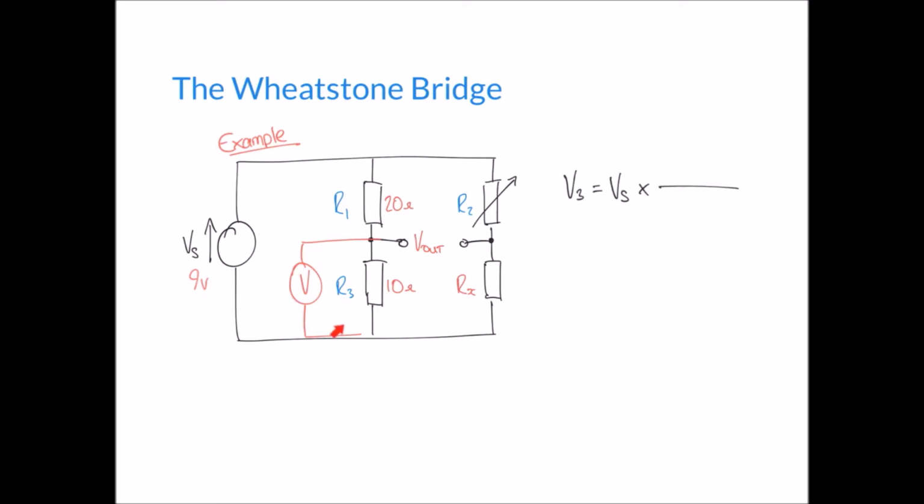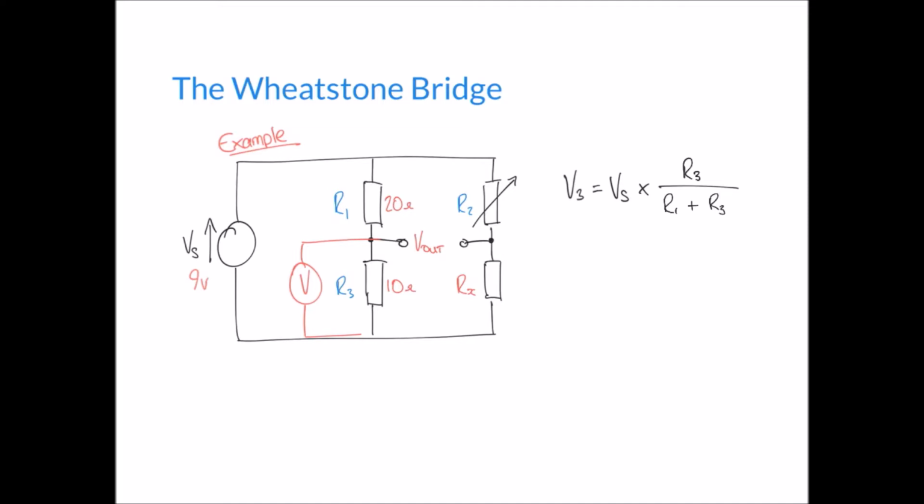We're measuring this point with respect to the 0 line at the bottom of the circuit, which is the same thing as measuring across R3. And so R3 goes on the top of our fraction, and on the bottom, both resistances in our potential divider added together, so that's R1 plus R3. Remember, we're just looking at the left-hand side potential divider, which works independently of the right-hand side.